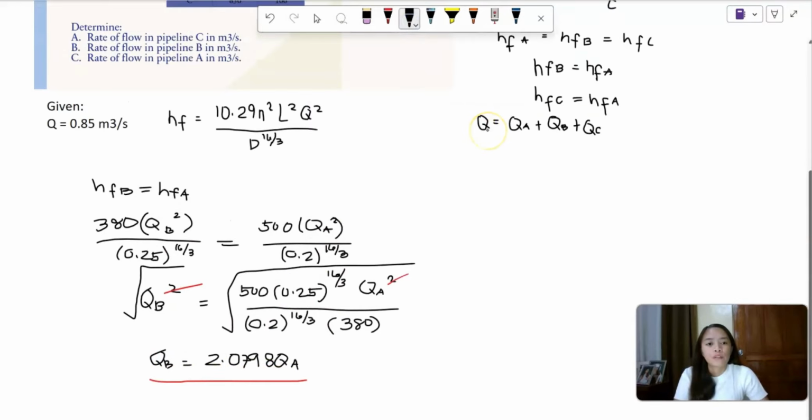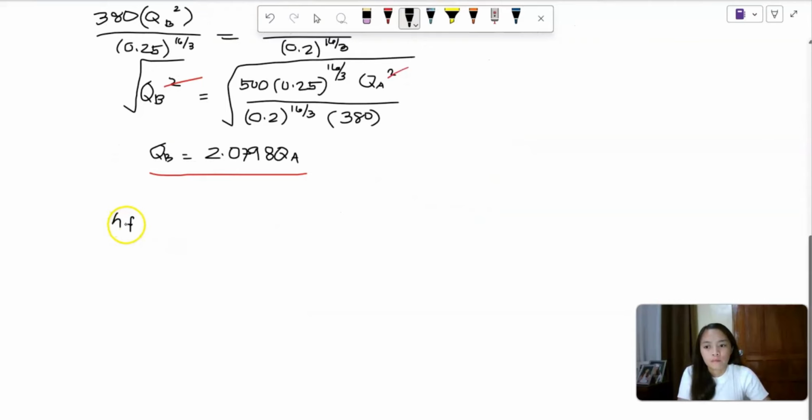So for Q sub C in terms of Q sub A, we will use this equation. So HFC is equal to HFA. Again, 10.29 and n squared will be cancelled.